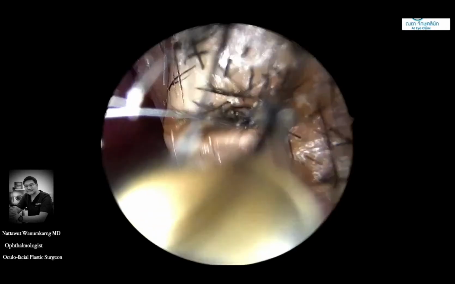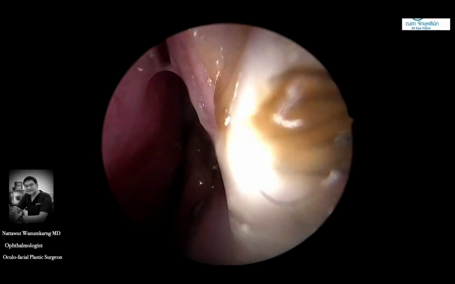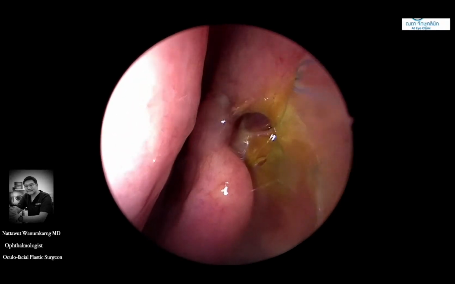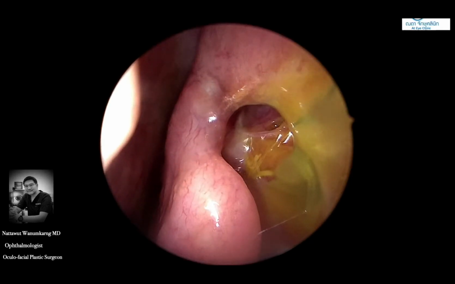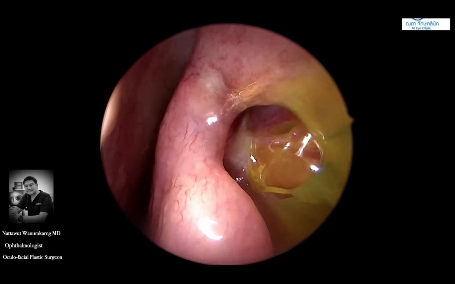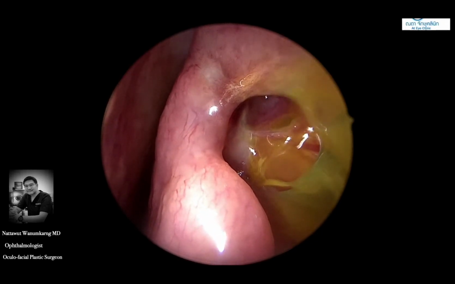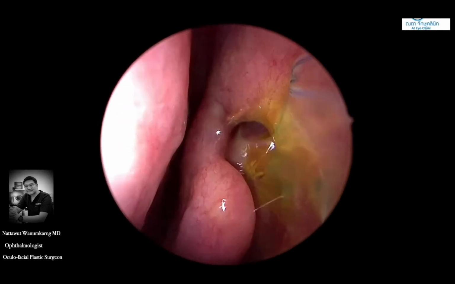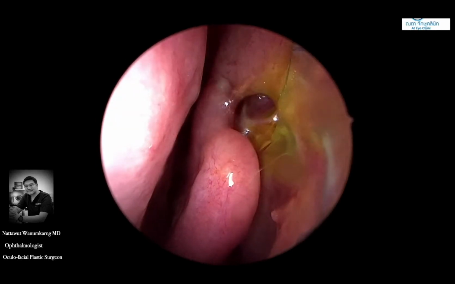It's very important to clean weekly after the surgery, because if the nasal clot has been stuck for a long time, sometimes it causes inflammation and granulation. And this shows the upper and lower openings of the upper and lower canaliculi.